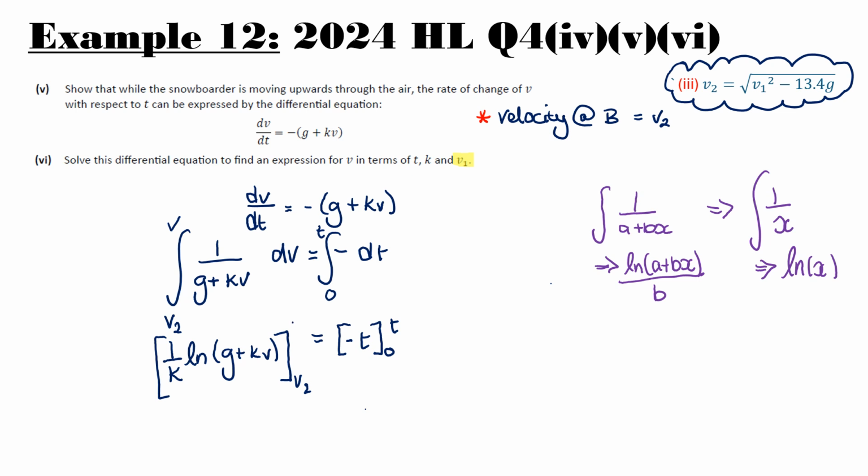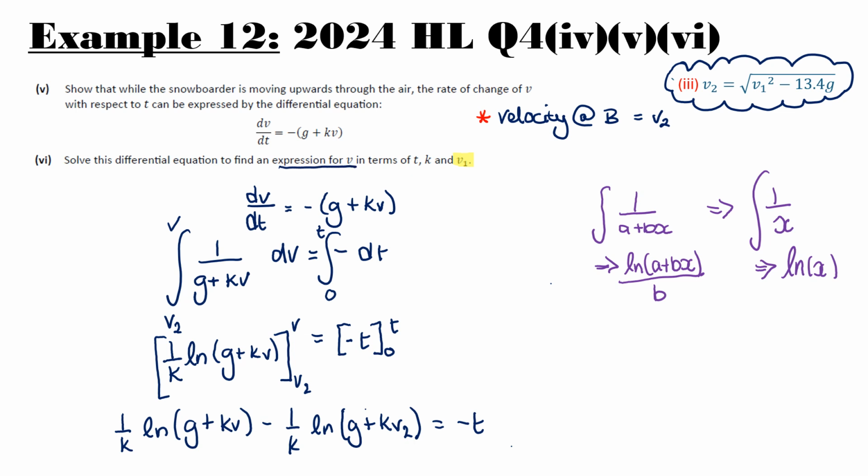Okay, so now what we have is 1 over k natural log of g plus kv minus 1 over k natural log of g plus kv2 equals minus t minus minus 0, which is just going to be 0. Now, focus on what we want. We want to find an expression for v. So just v, not v2 or v1.